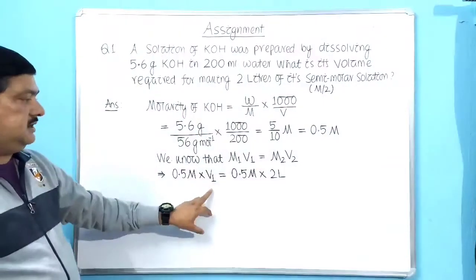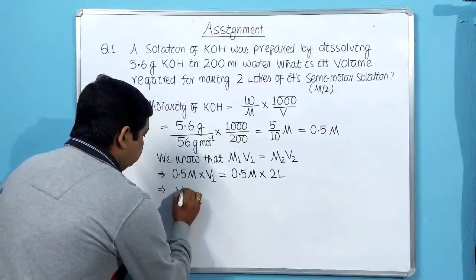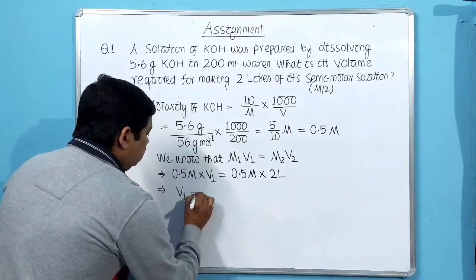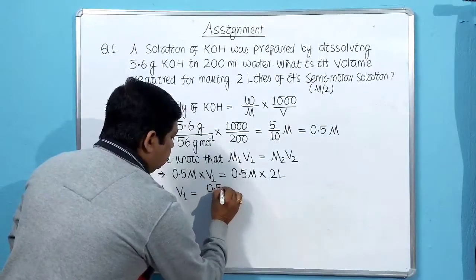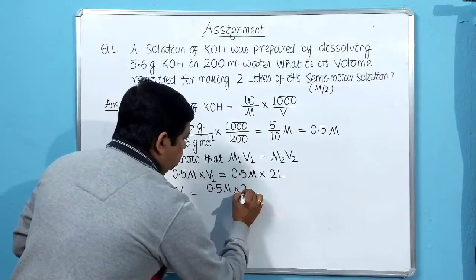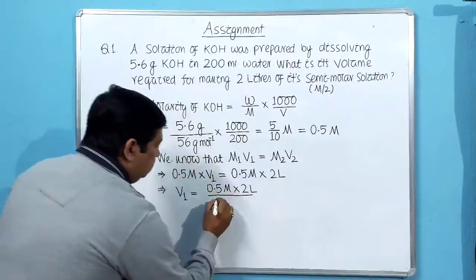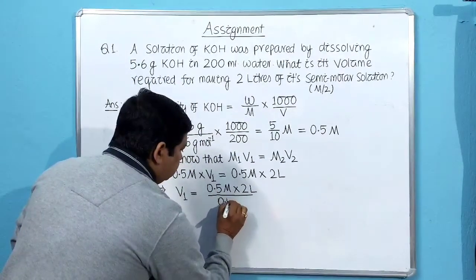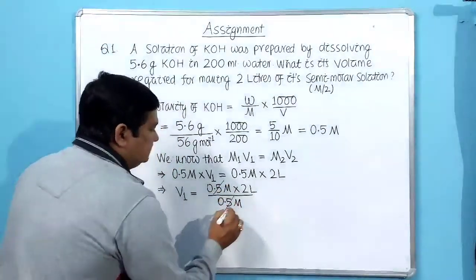Okay. So we need to find out the volume required. What will be V1? The volume required will be 0.5 M into 2 liters divided by 0.5 M. The 0.5 M and 0.5 M will cancel out.